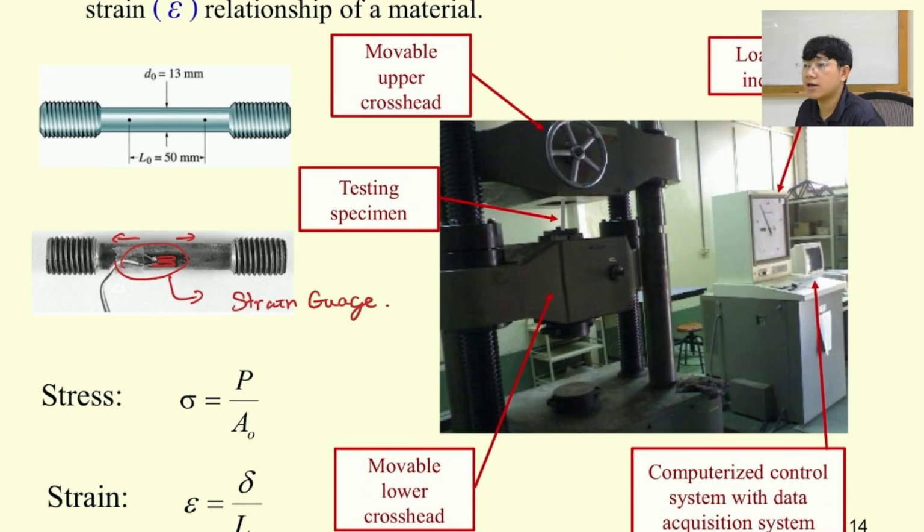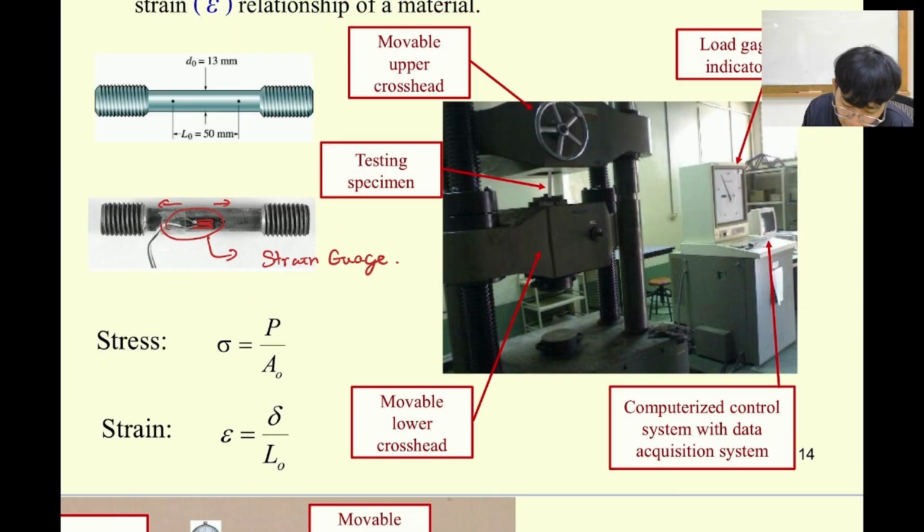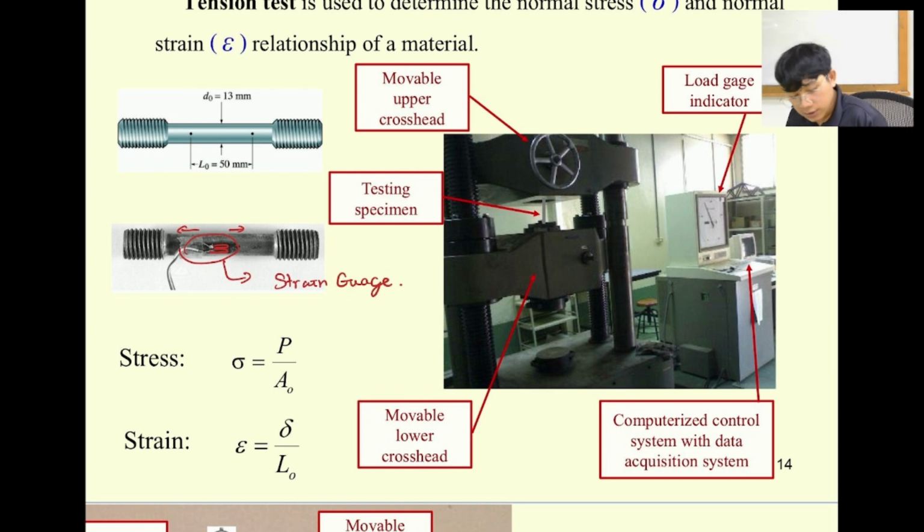So you don't need to calculate anything; it calculates for you. I think if you learn in your postgrad, you're going to use a lot of strain gauges if you test in the lab. We're not going to measure it by hand anymore, because if you measure it by hand, it's not really that accurate. So that's why we put a strain gauge instead of the hand.